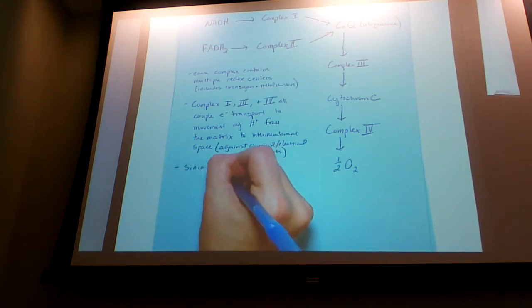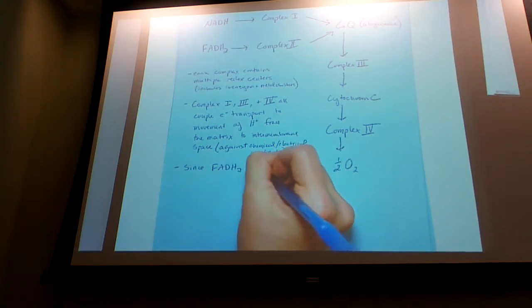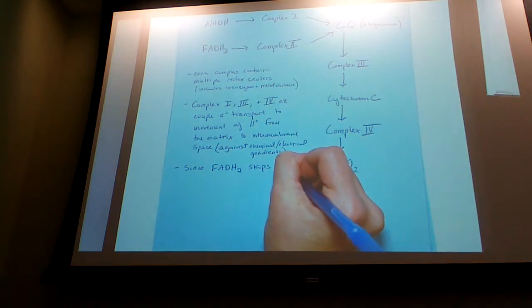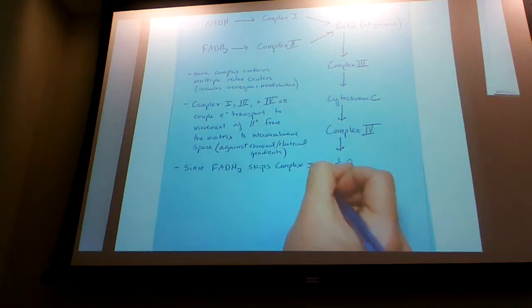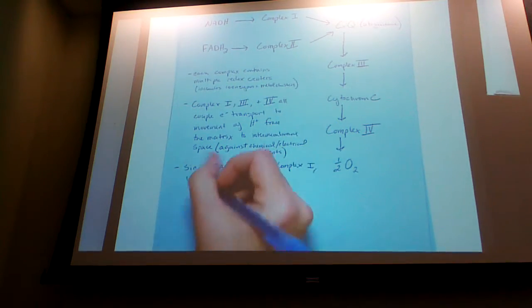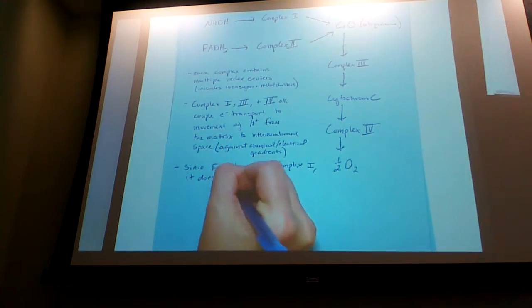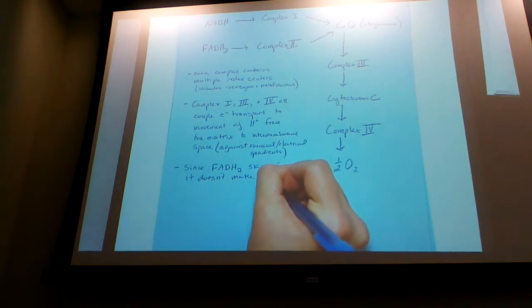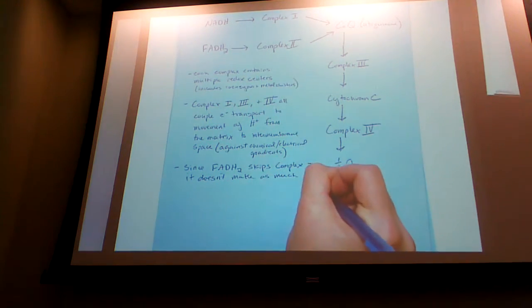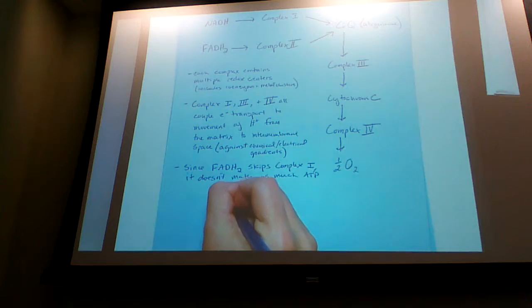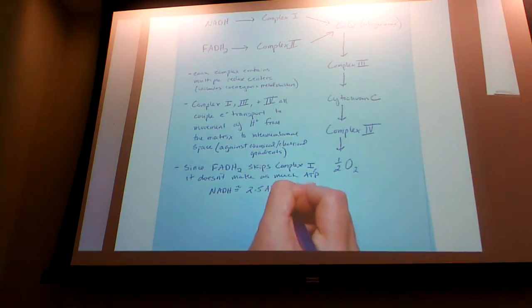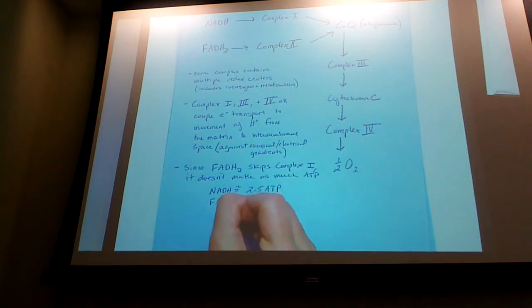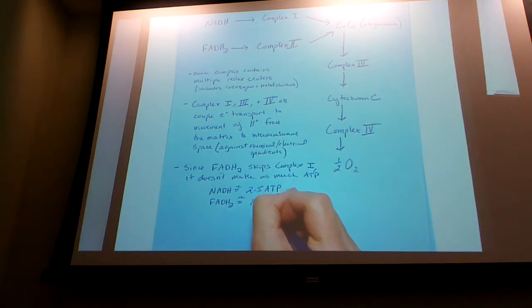Since FADH2 skips complex 1, it doesn't make as much ATP. So NADH is approximately 2.5 ATP, and FADH2 is approximately 1.5 ATP.